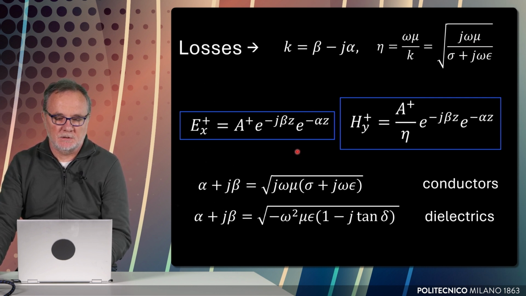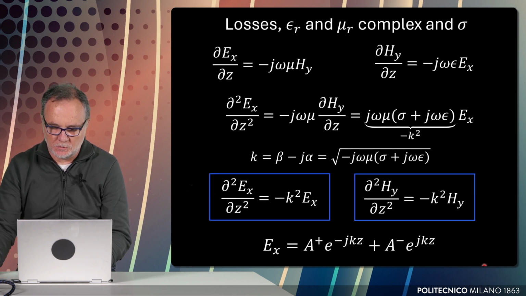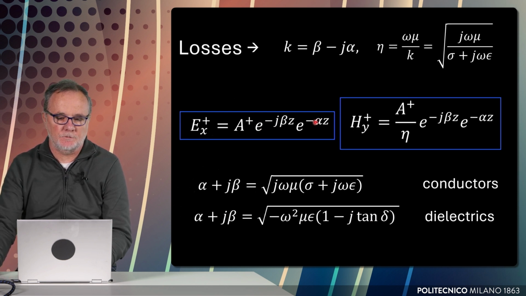Once we split this k, which is complex, into its beta minus j alpha components, we obtain an expression for the wave function in this form, in which we still have a term that represents propagation along the positive z direction, and a term that represents attenuation in the positive z direction. Also, the relationship between Ex and Hy is now complex in the form of a complex impedance.